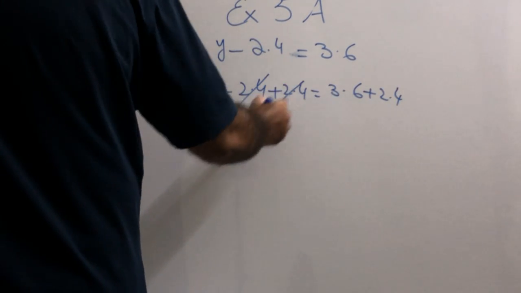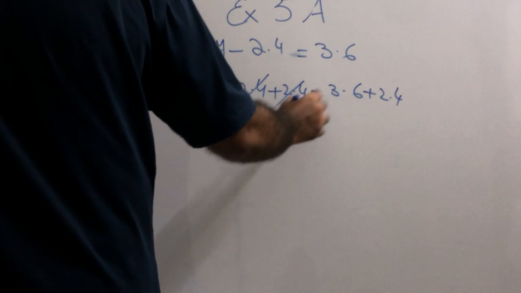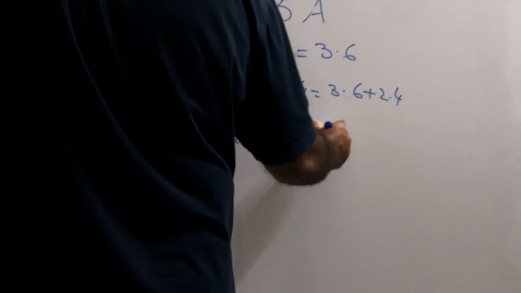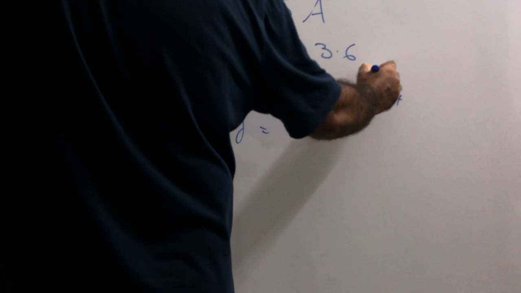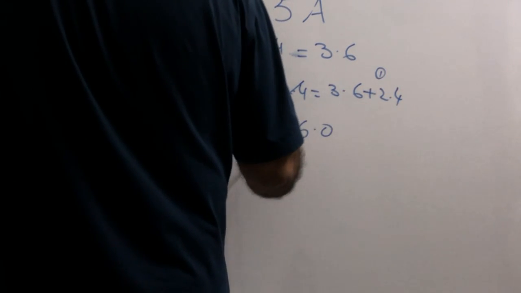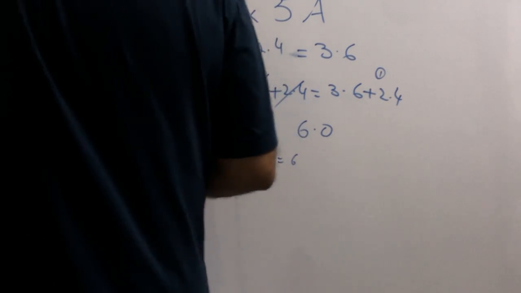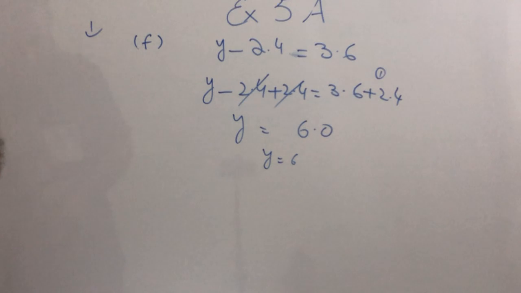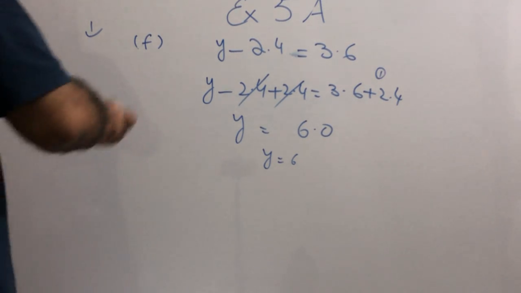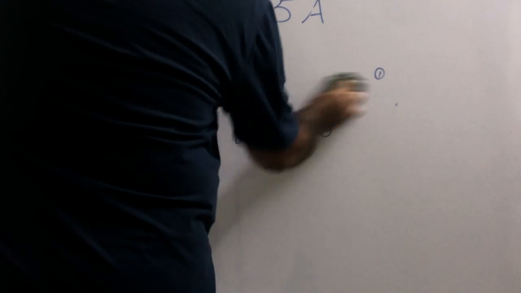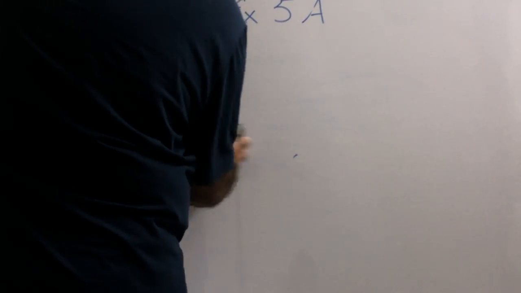In this way it will be cancelled. So y is equal to 3.6 plus 2.4. 6 plus 4 is 10. 1 will be carried forward. 2 plus 3 is 5, and plus 1 is 6. So 6.0. It means y is equal to 6. The value of y is 6. In this way we have solved part F of question number 1, exercise 5a.